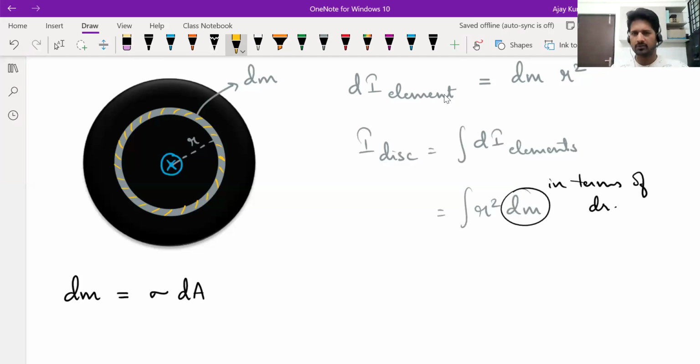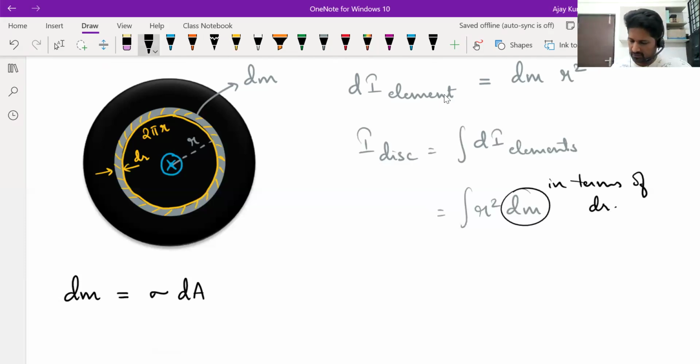But if you do it and approximate dr to be very small, then you will get the length 2 pi r multiplied with the width dr. So this length that I am drawing in yellow is the length of the ring element, right? That length will be 2 pi r, small r, and the width of the ring is dr. You multiply the length and the width, you will get the area dA. That's all.